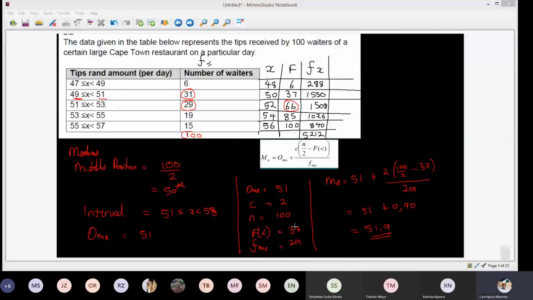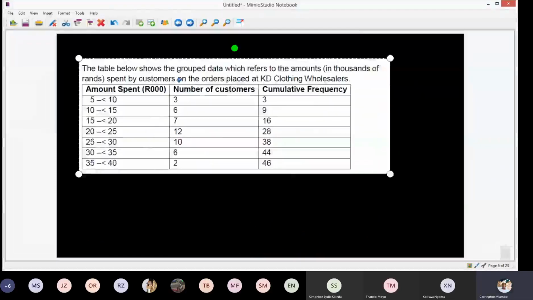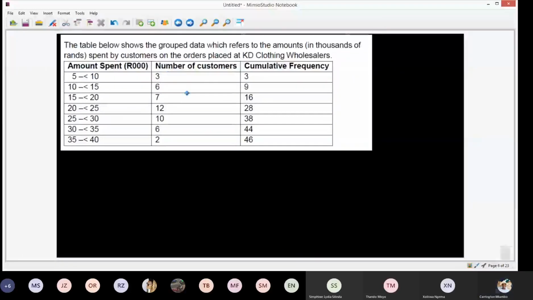I'll give you about 5 minutes to complete it. There is the question. What I want you to do is to find the mean, the mode, and the median quickly. I'll give you the formulas.